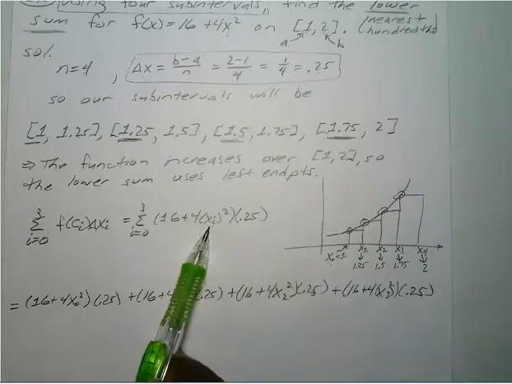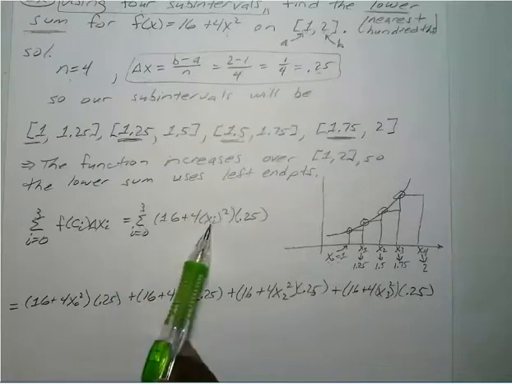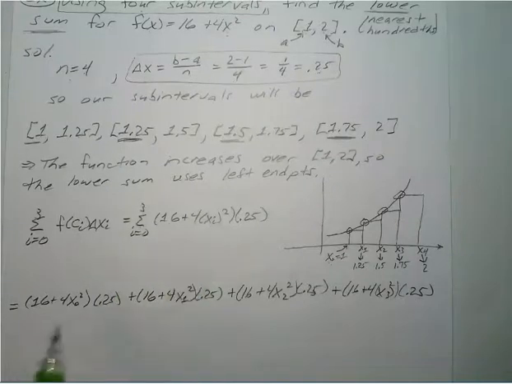Okay, so here you see that all we did was just use the summation to go i equals 0, i equals 1, i equals 2, and i equals 3.